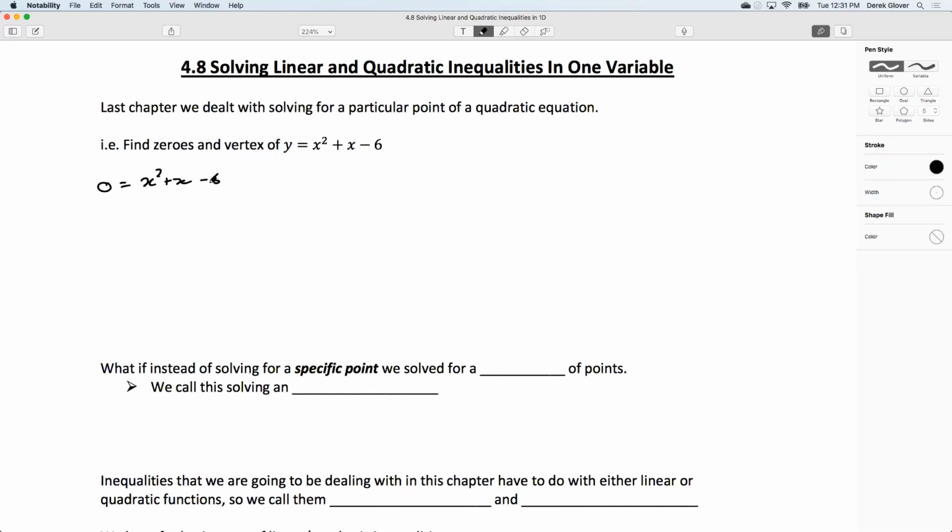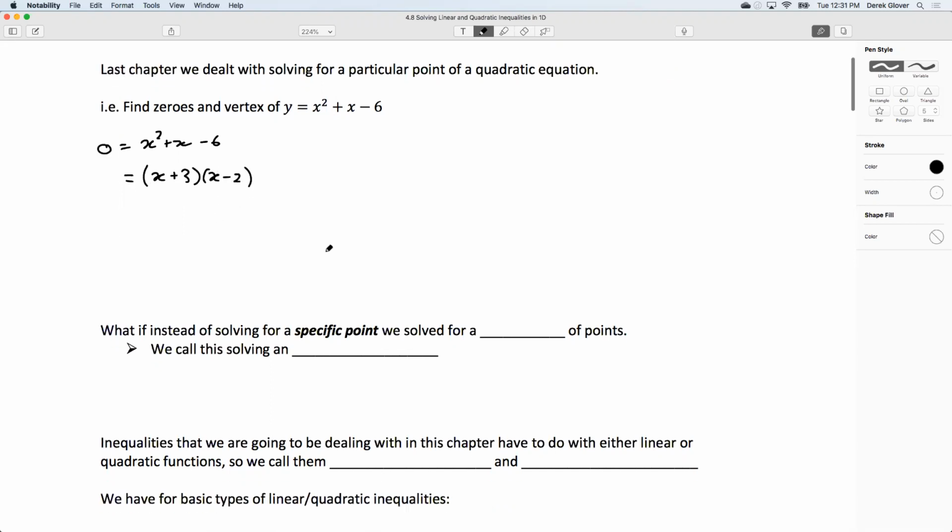We need two numbers that add to 1 and multiply to minus 6. So we could go with x plus 3 and x minus 2. And so we have x-intercepts or zeros at x equals minus 3 and x equals positive 2. Okay, so that's the zeros.